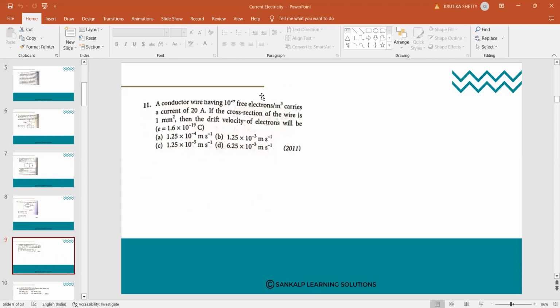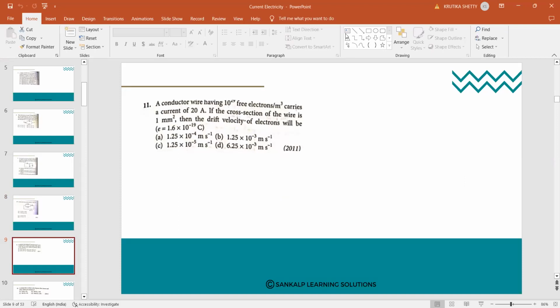A conductor wire having 10 to the power of 29 free electrons per cubic meter carries a current of 20 ampere. If the cross section of the wire is 1 millimeter square, then the drift velocity of the electrons will be?